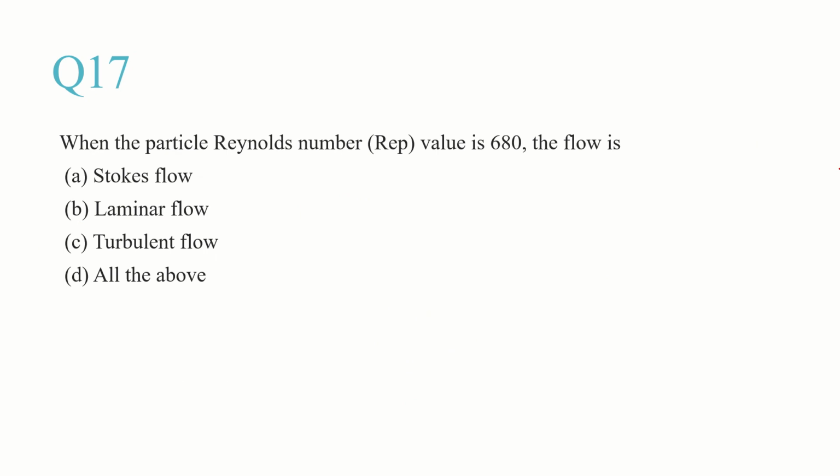When the particle Reynolds number value is 680, the flow is Stokes flow, laminar flow, or turbulent flow. We all know that when the particle Reynolds number is exceeding 500 but less than 2 lakh, the flow condition is turbulent flow.